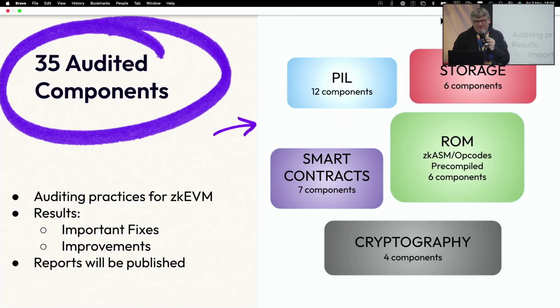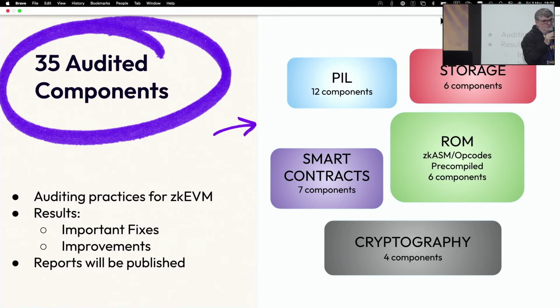Just to see the magnitude of this, these are the different pieces that the zkEVM has. The PIL is like a hardware language where the processor is defined. We have a storage, which is like another processor explicitly for working with the sparse Merkle tree, so it's a full topic in there.